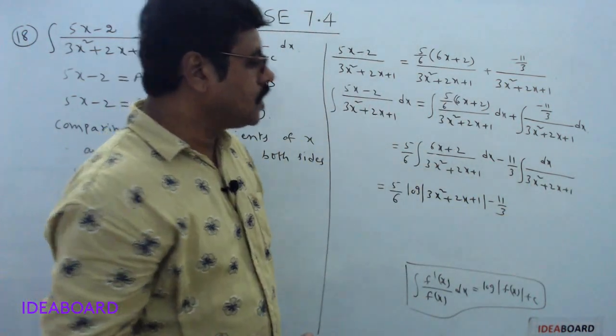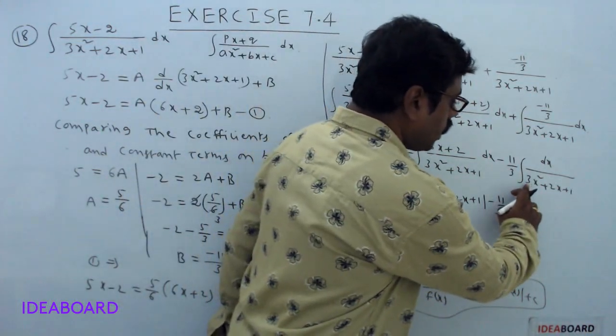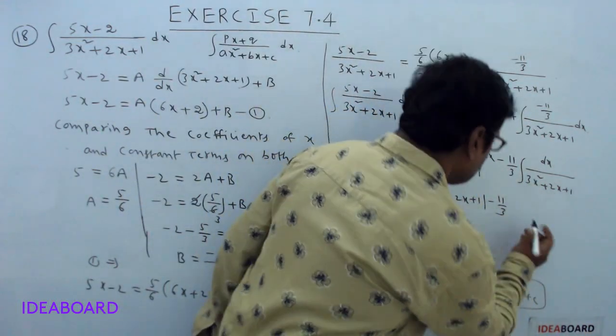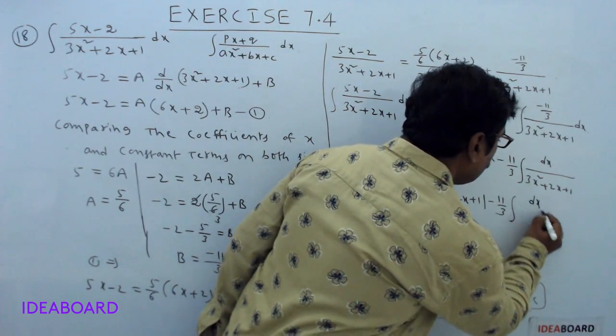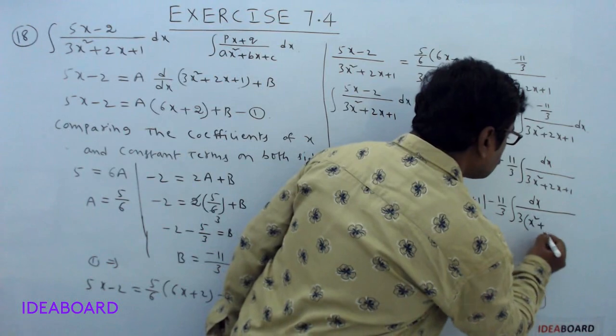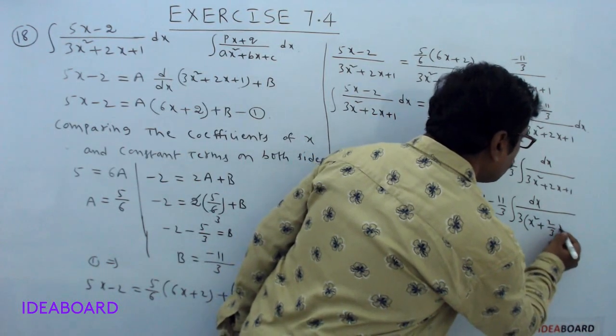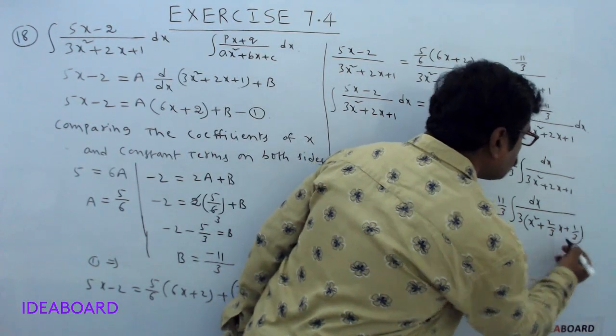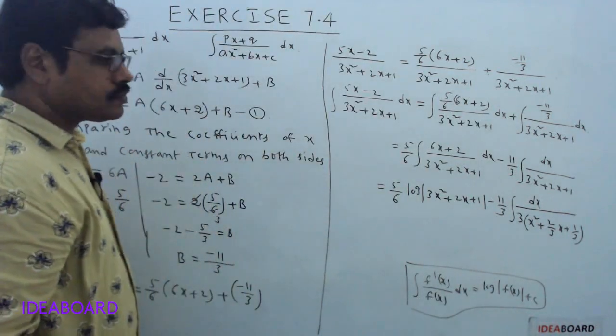Now, apply that procedure. First, take 3 common factor from these 3 terms. This is integral dx divided by 3 into x square plus 2 by 3 into x plus 1 by 3.